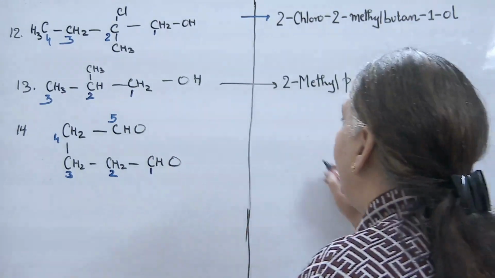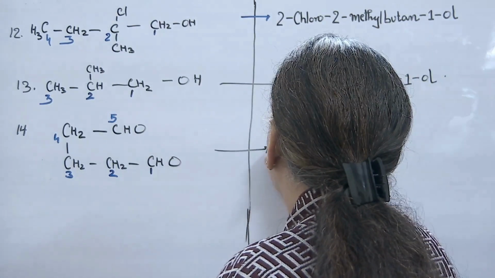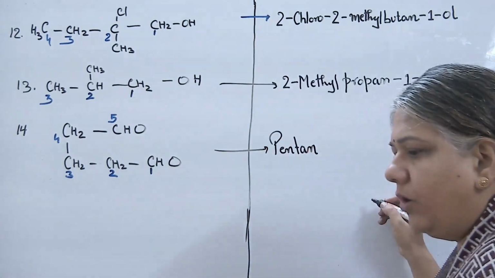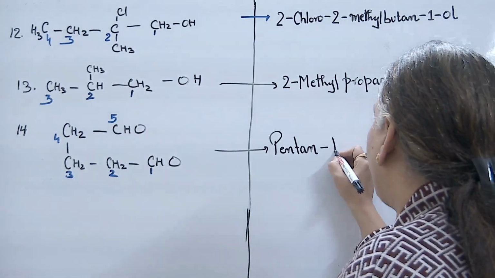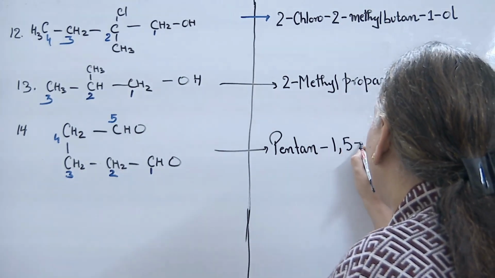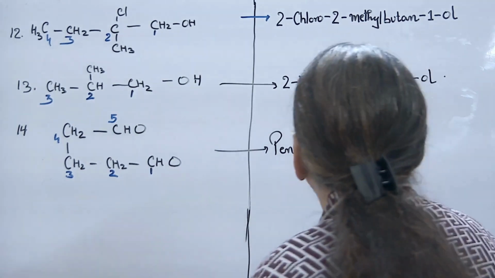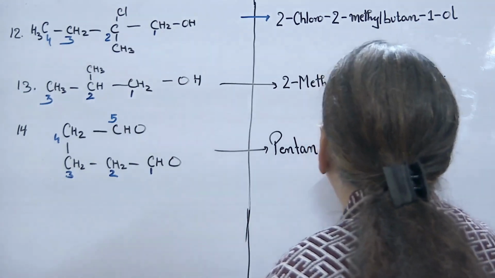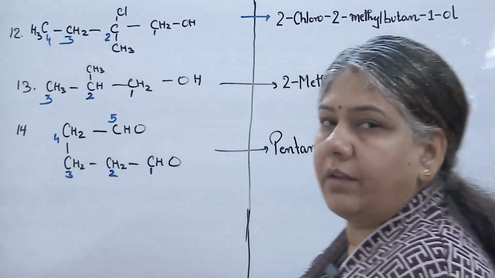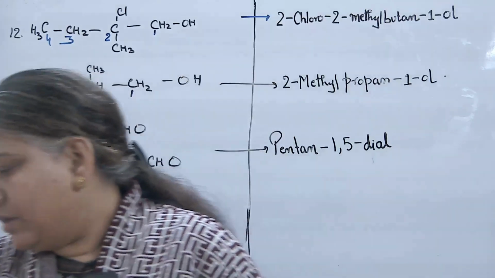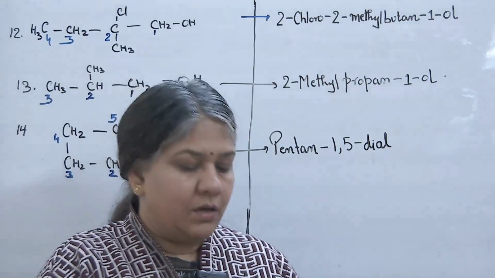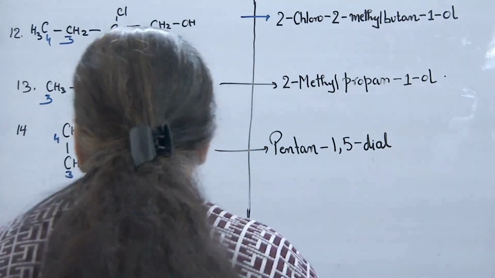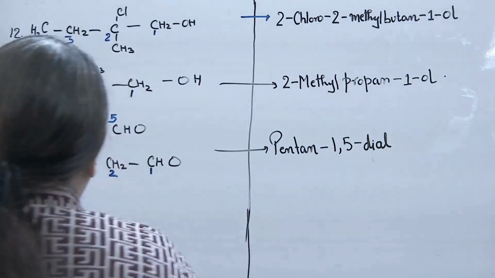So the root word will be pent, pentane, remove E of the ane, write 1,5 dash al or dial, because there are 2 similar functional groups, that is aldehydes. So this is the way you write the names. Or we can take one more example containing the carboxylic group.